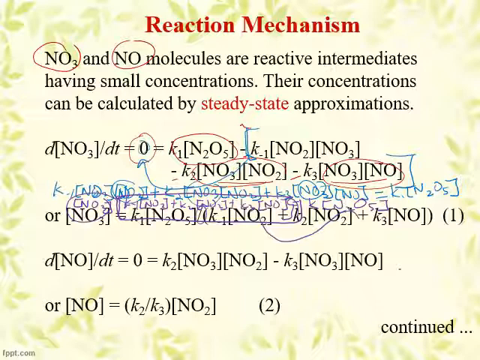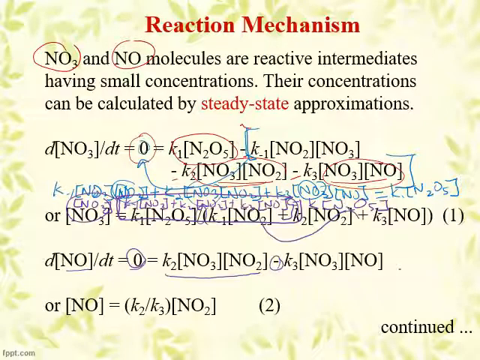Now we do the same for the NO intermediate. Look at the steps having NO. In this case, NO is present in step 2 and also step 3 only, so we don't put step 1. The rate law expression for NO is 0. k2, remember the first one will always be a positive value, and then minus k3.